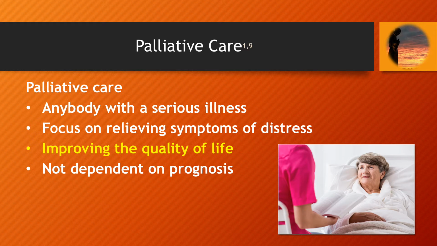For example, a tumor that is causing respiratory distress. Therapies may include radiation or chemotherapy. The goal is to help improve the quality of life through curative type treatments. Palliative care is not dependent on prognosis, and it can be received at any point during an illness.